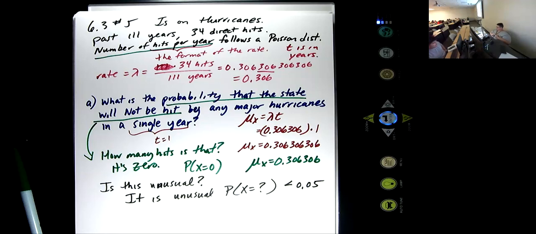So if, when you put it in the Poisson distribution, you get something that's less than 0.05, or less than 5 cents if you treated it as money, it's unusual. If it's higher than 5 cents, it's not unusual.